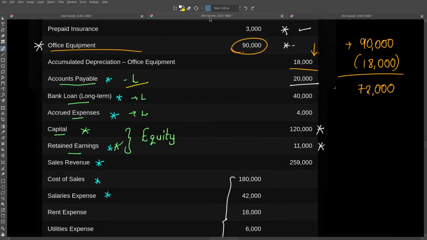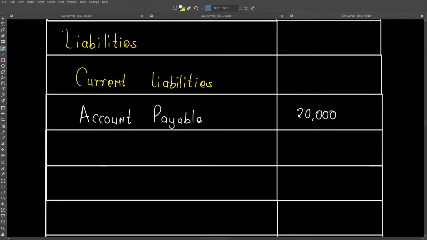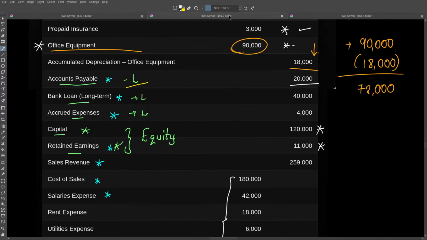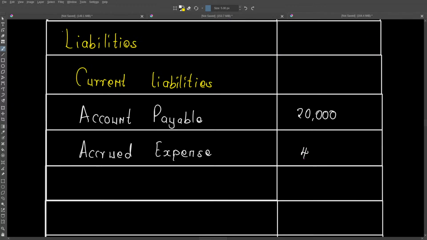Then we have the bank loan, which is a non-current liability because it is going to take a period of more than 12 months. We also have accrued expenses, which is a current liability because we expect to settle it within 12 months. Accrued expenses are 4,000.